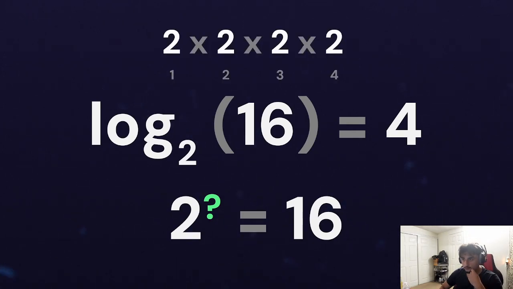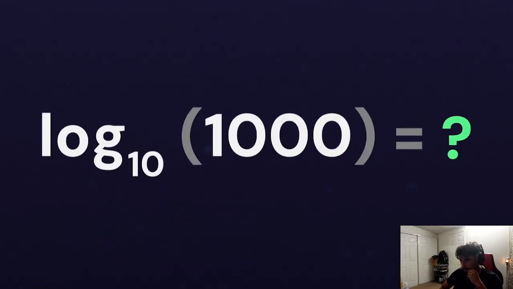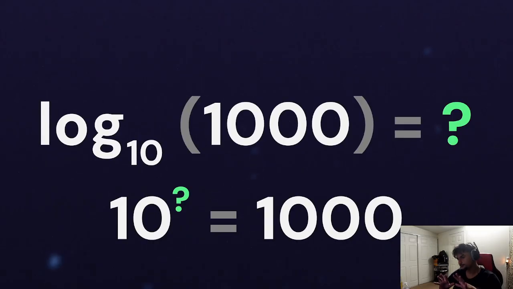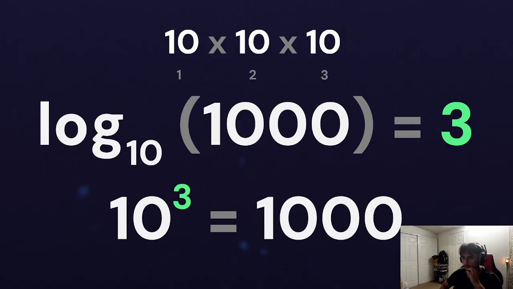In this case, the answer is 4. Now, the base doesn't have to be 2. In programming, it's really common for the base to be 2 because we work in binary. But we could also take log base 10 of 1000. What's the power that I need to raise 10 to get a result of 1000? The answer is 3, because 10 to the third is 1000.